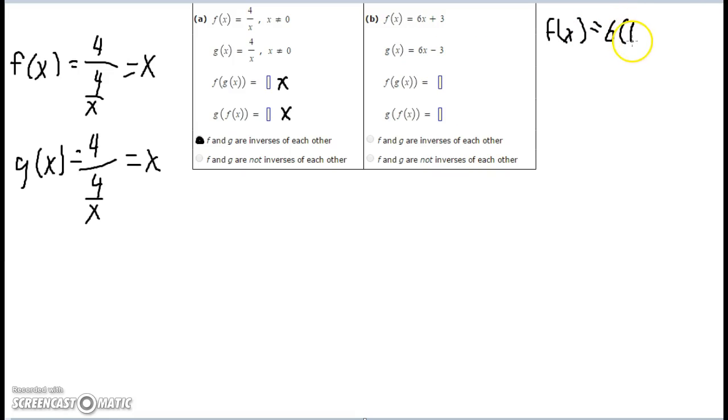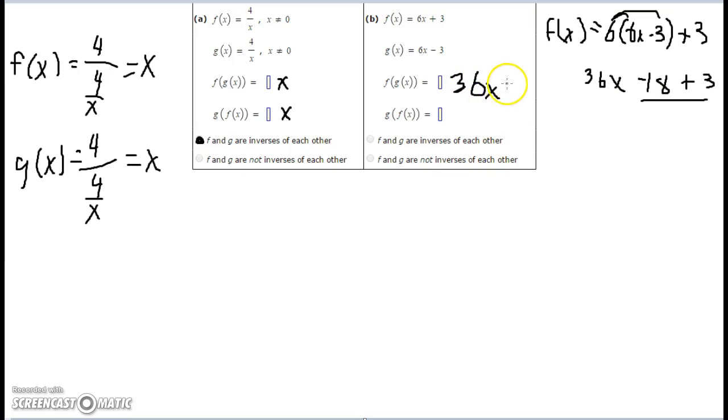So I'll do parentheses 6x minus 3, and then write my plus 3 on the outside. So now I go ahead and distribute this 6, which is going to give me 36x minus 18 plus 3. And then I combine like terms, so these get added together, and my final answer will be 36x minus 15.